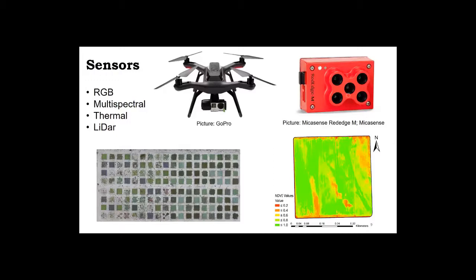The camera on the top right is the multi-spectral camera from MicaSense. A multi-spectral camera can detect light which is not visible to our eyes, for example, red edge and near infrared bands.